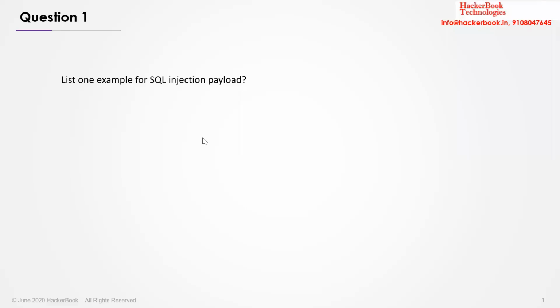Another 30 seconds. Lot of payloads you can give. Single quote, double quote, 1 or 1 is equal to 1. Union select, order by. These are the payloads for SQL injection vulnerability.